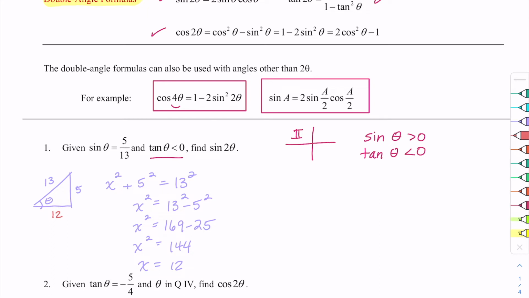Okay, so now we can write the sine of theta is equal to 5 over 13, and the cosine of theta is equal to negative 12 over 13 in quadrant 2.